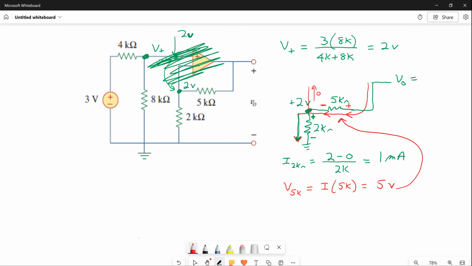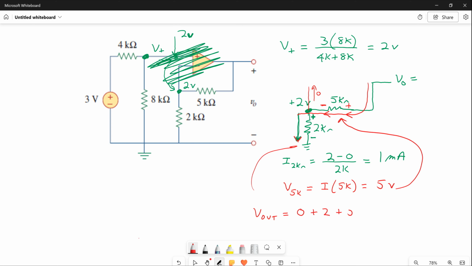So how do you find V out? Well, let's start at a reference point, down here at the bottom. V out is equal to, you're starting at a reference point 0. Then you're adding the 2 volts because when you go up through the 2K, you're 2 volts up. You're stepping up in voltage. And then you go up another 5 volts.